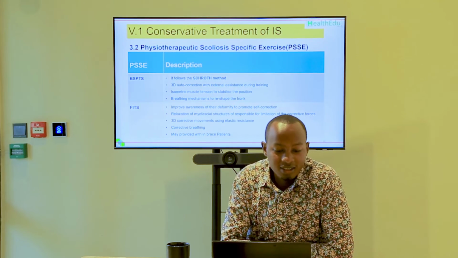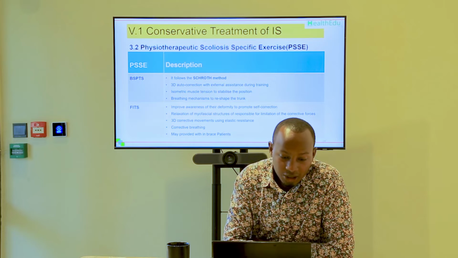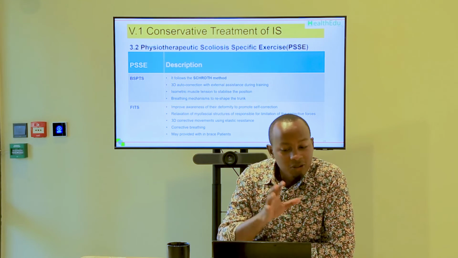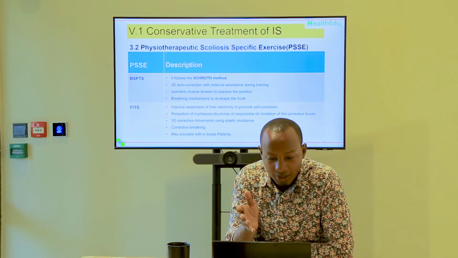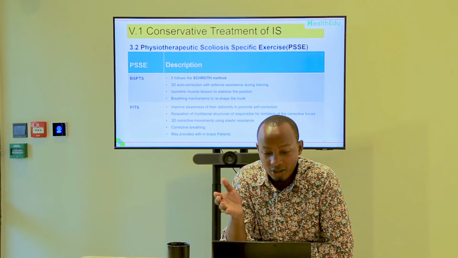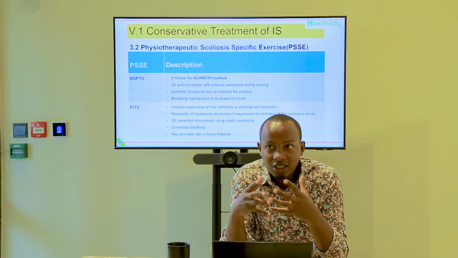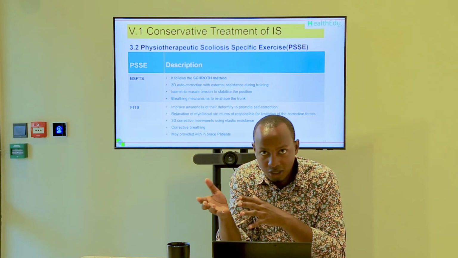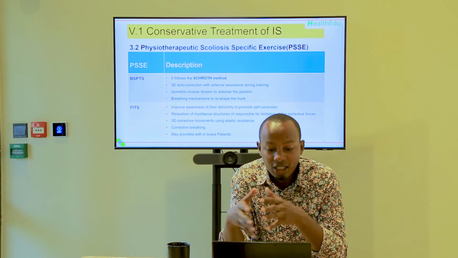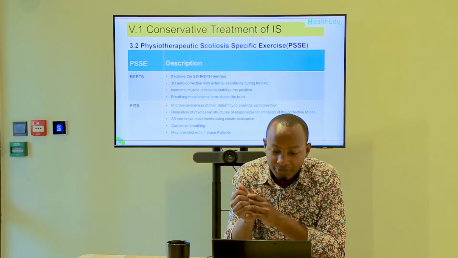So the third one is PTS, that we saw in full words in the previous slides. So it follows the Schroth method. It's a 3D autocorrection with external assistance during the training. So in this, the patient corrects themselves, but they need assistance from the trainer when they are learning how to perform this autocorrection of the spinal deformity.